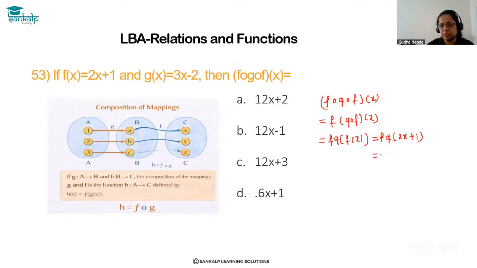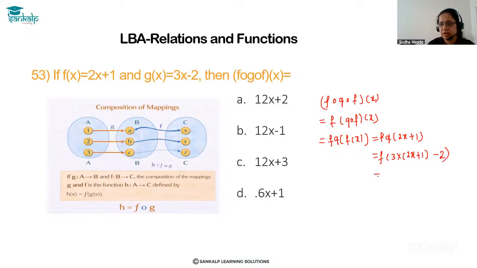So that is f of, what is g? It is 3x minus 2. In place of x, you put 2x plus 1. So 3 into 2x plus 1 minus 2.